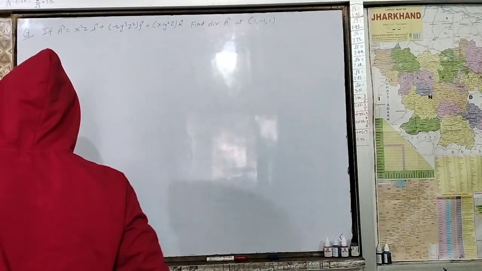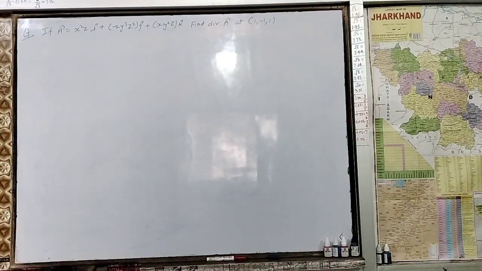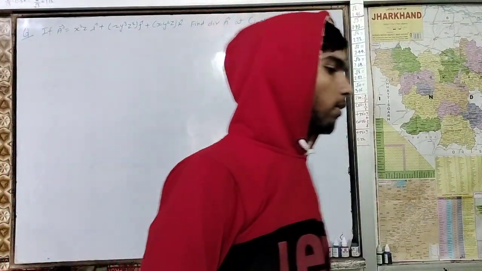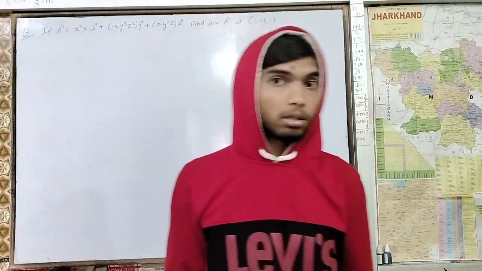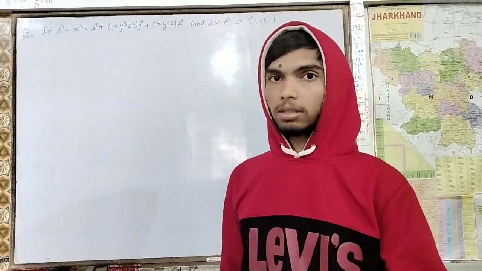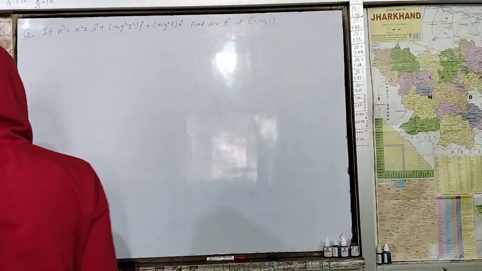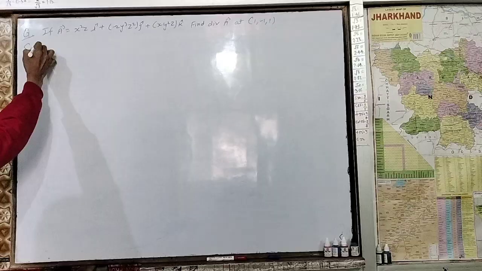At this point we have to find the divergence of vector A, where vector A is this much. In this question I will use the direct equation which we need. So let's solve.